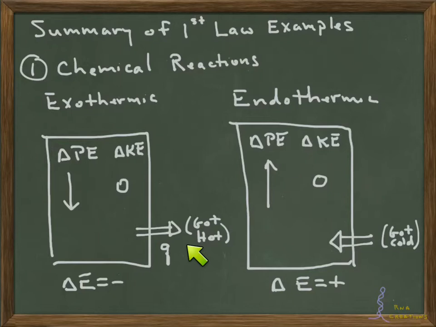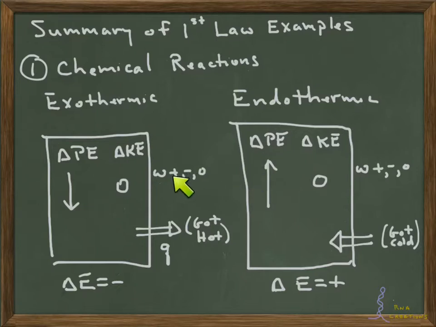We can then look at the contributions of heat and work to delta E. Because this reaction is exothermic, heat is released, Q is negative, and the surroundings got hot. In the endothermic reaction, the opposite is true: heat flows in and the surroundings got cold.